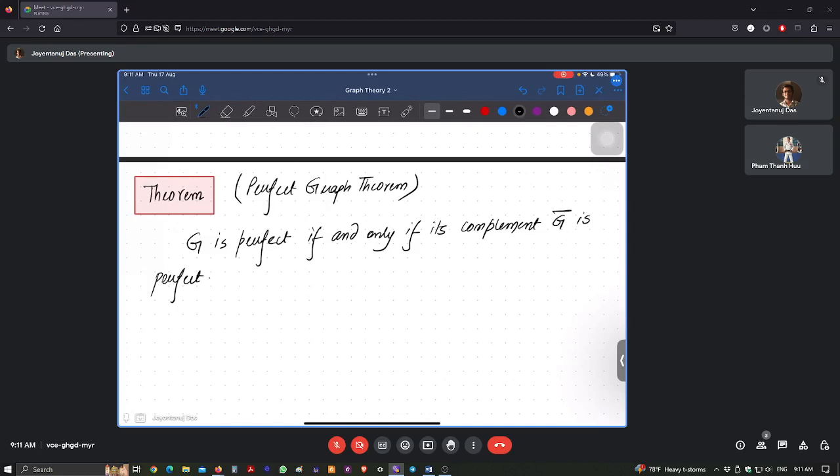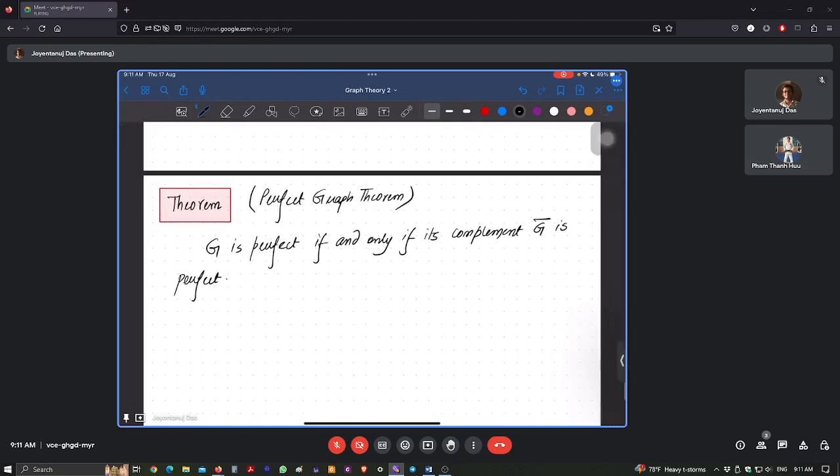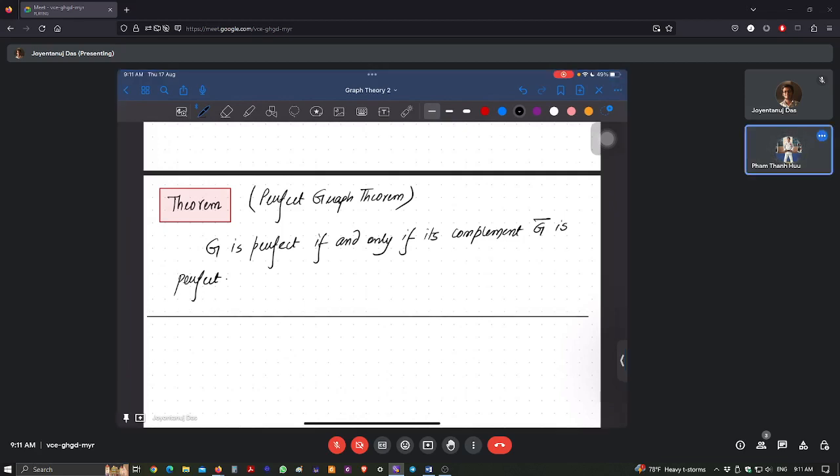So you can say a graph is perfect if and only if the complement is perfect. We'll prove this one later. It is useful as an application to characterize perfect graphs.